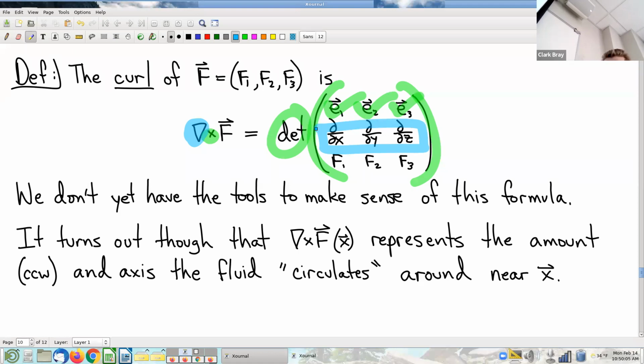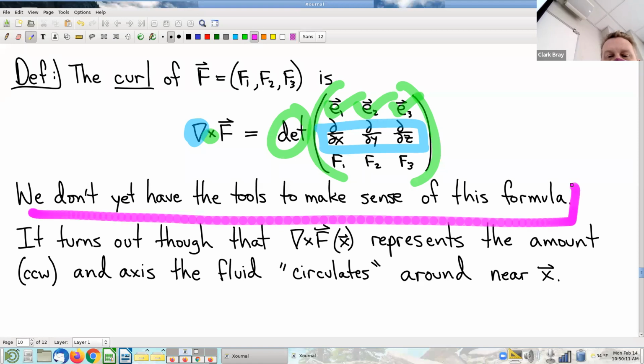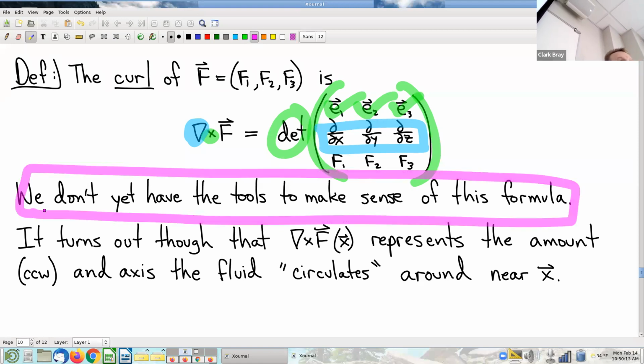Very weird formula. And again, we absolutely do not have the tools to make any sense out of this yet from the formula, to see where it comes from, to make arguments about why it should or shouldn't be interpreted in certain ways. We're not there yet. We will. Give us time. We'll be able to make sense out of this in chapter 7.